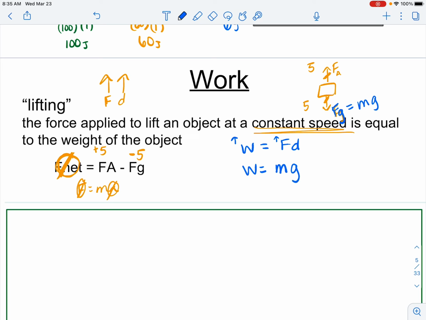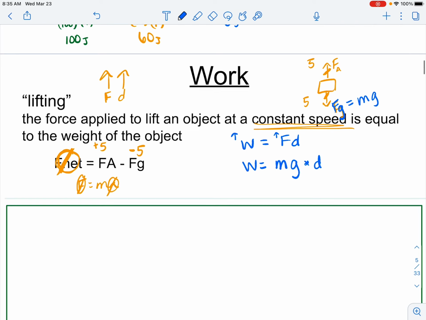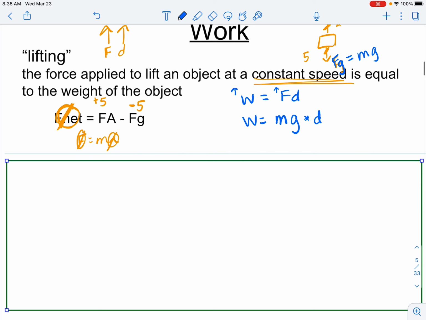We're going to use the 9.8 meters per second squared for the acceleration caused by gravity, and then we would multiply that number times the displacement. So just some food for thought for future questions.